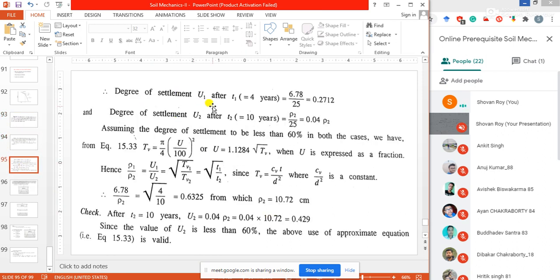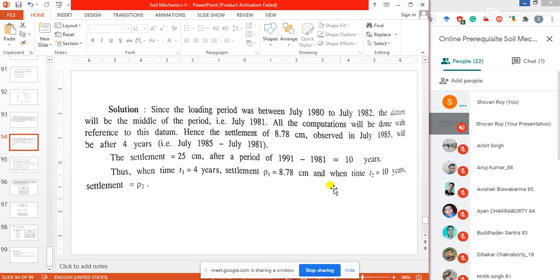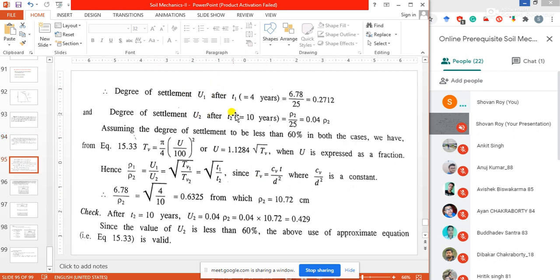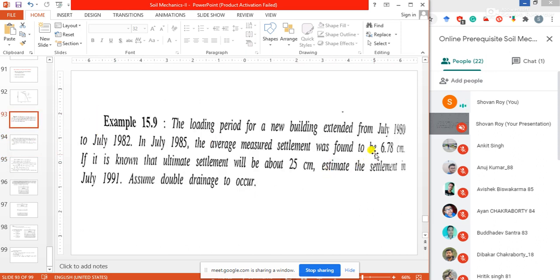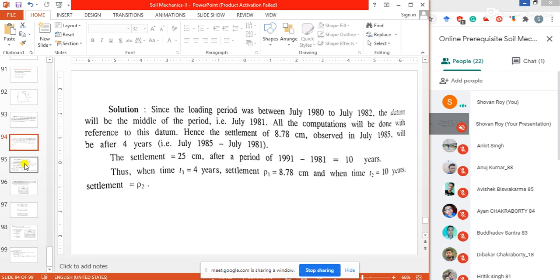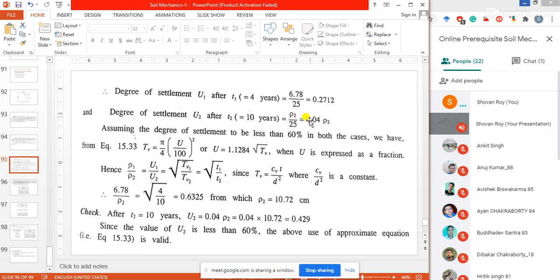Degree of settlement after 4 years, because when time is 4 years, settlement is available to us from the question. Now required to find out the degree of settlement, or say U1 after t1 or 4 years. 6.78 by 25. Again here first written 6.78, then 8.78, again 8.78, again 6.78. Just wait, I check.